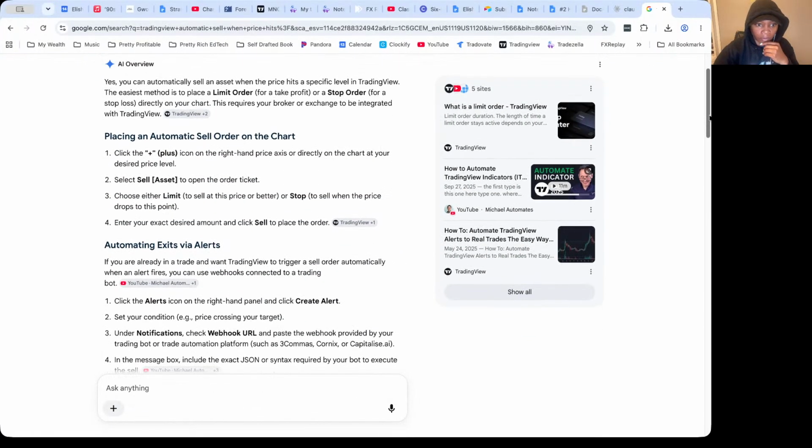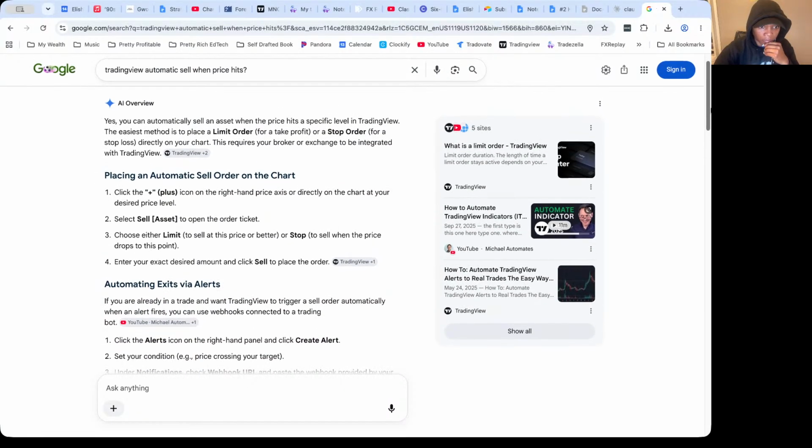So that would be a limit order. Placing an automatic sale on a chart: click the plus sign in the upper right hand corner, access chart, select sell asset. Choose a limit to sell at this price or better, or stop to sell when the price drops to this point. Enter your exact desired amount and click sell.